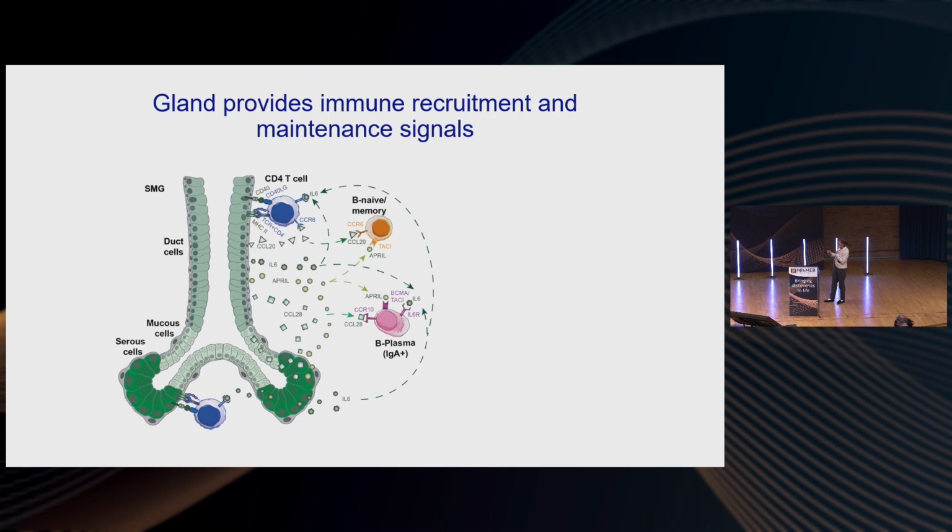I've mentioned that there are T cells in this region. We know that they get recruited via MHC interactions and then in turn give help to the B cells. We then get increased IgA production that goes into the lumen where it can bind virus.